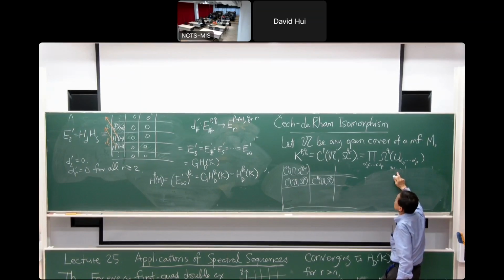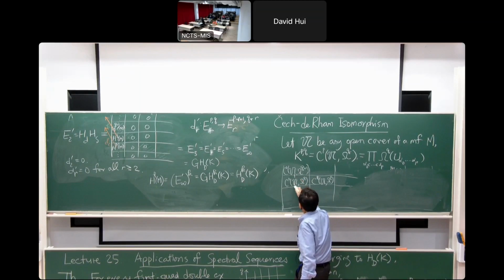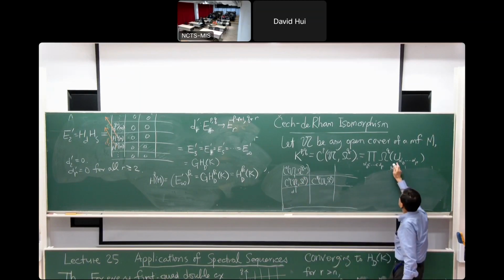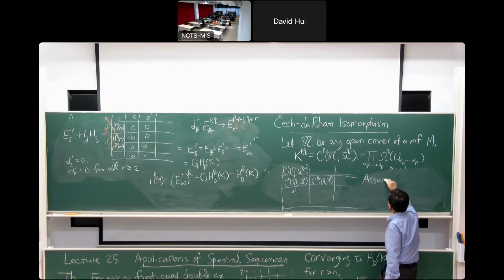Now in order to calculate the vertical cohomology, we should assume that we have a good cover. So now you assume that U is a good cover.